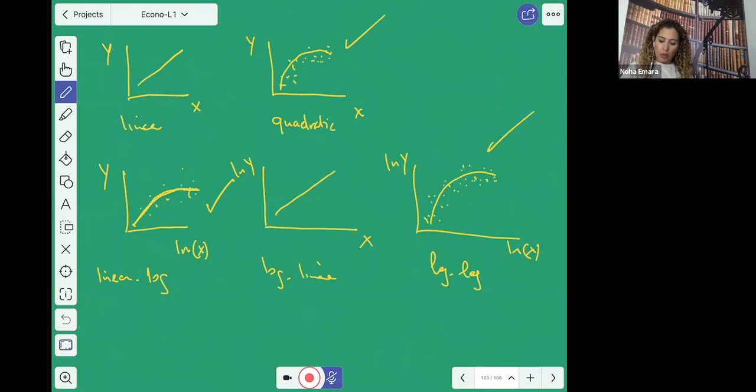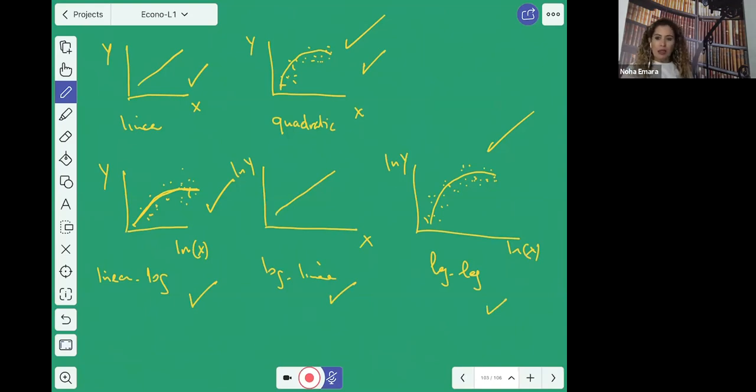But econometrics offers a test to determine which one I should use. Is it linear? Is it log linear? Is it quadratic, or linear log, or log log? Because for our eyes, they look the same.